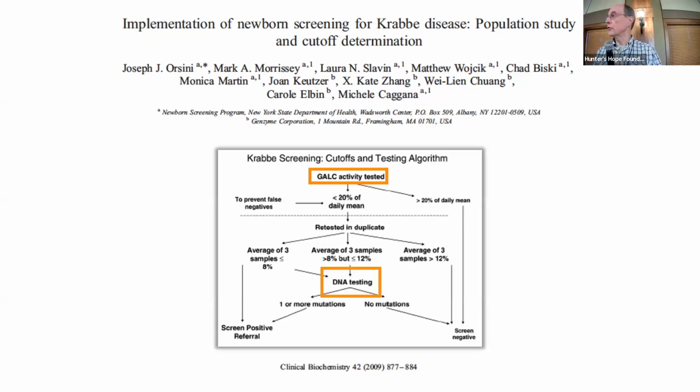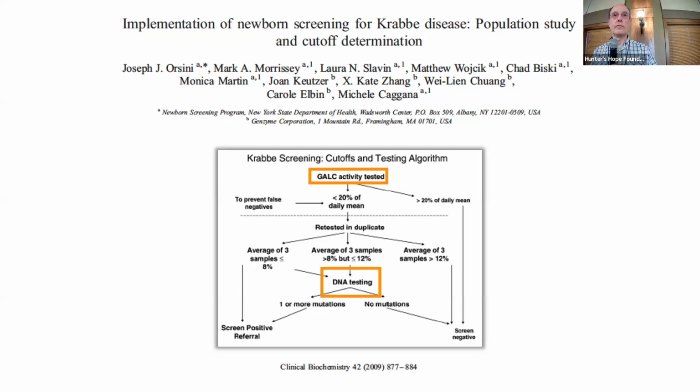Joe Orsini, who is also back there, modified that assay a little bit to make it work for New York. And then they also knew that there is an overlap between GALC activities in patients with Krabbe disease and individuals that are carriers or carry variants that cause reduced enzyme activity but not disease, which Dr. Wenger, who is not here, called pseudodeficiency.